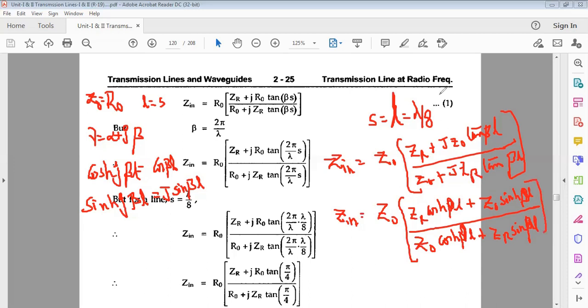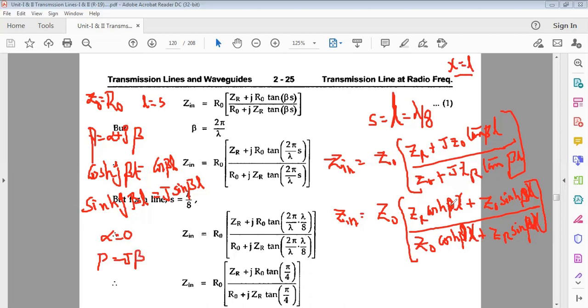Actually, it is Px, where x is the distance along the transmission line, x is equal to L. Cos hyperbolic Px, sine hyperbolic Px. So P is equal to alpha plus j beta. When alpha is equal to 0, for the lossless transmission line, P is equal to j beta.